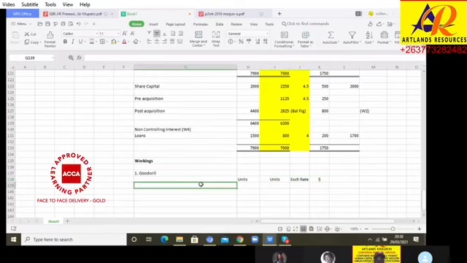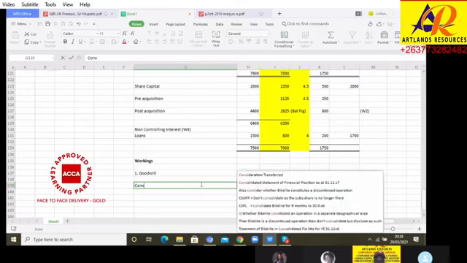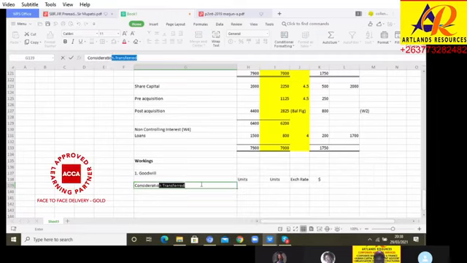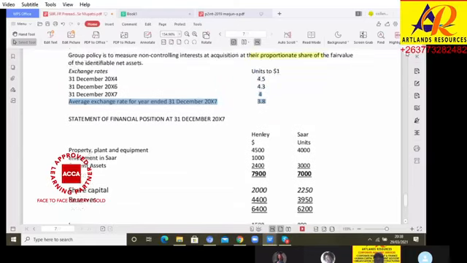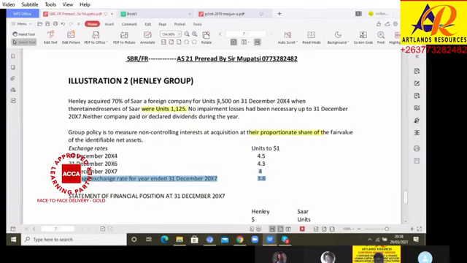So one by one in 10. You say consideration transferred. Consideration transferred is the investment in SAR. So it's 1,000. You calculate it. No, this is in dollars. So you need to take consideration transferred in foreign currency, which is 4.5.